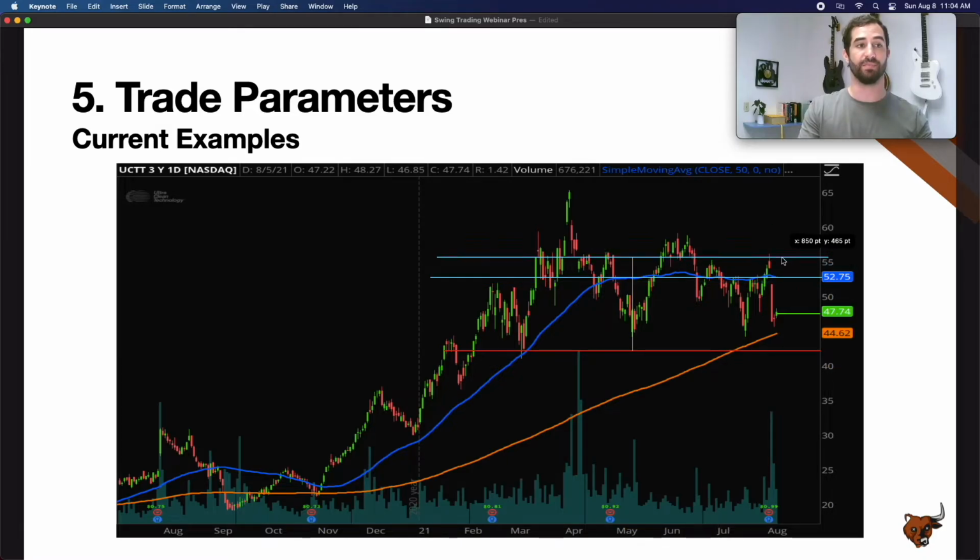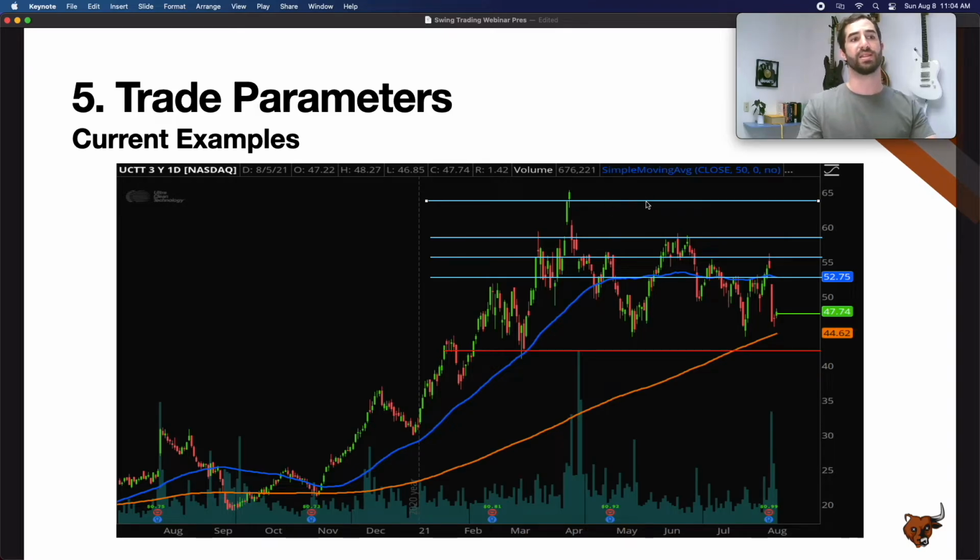That's valid. Second target here, just over 55. And then let's do a third target. In case this thing goes crazy, let's have a last target over here where, by the time we reach here, I have already sold about 7/8 or 3/4 of my position.